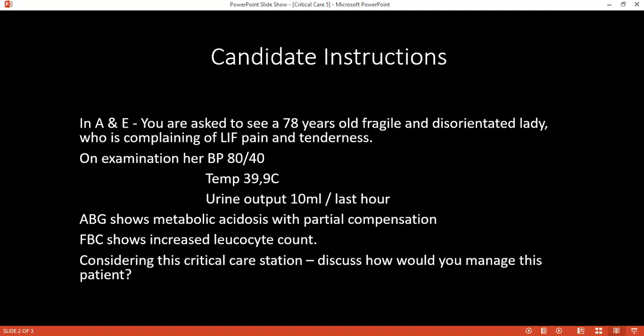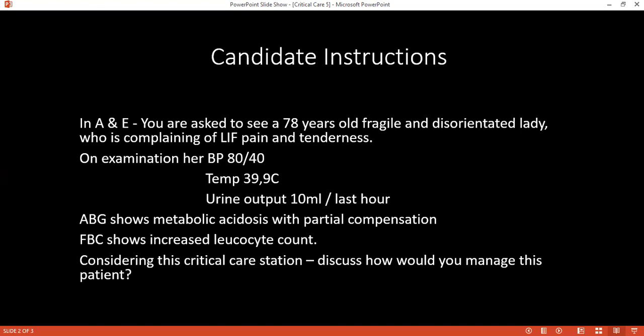Who would you involve in the management of this patient? Okay, the surgeon and also the stoma team, the dietitian, geriatric doctors, infection control, and the patient's own GP. Good.